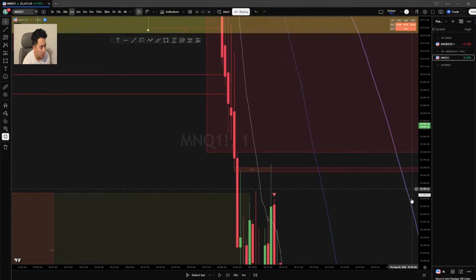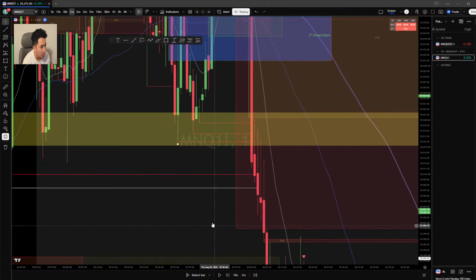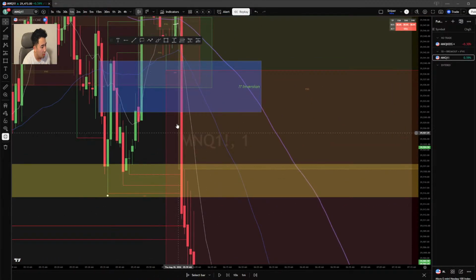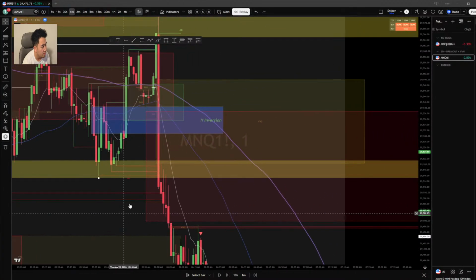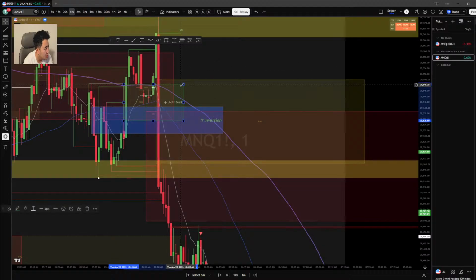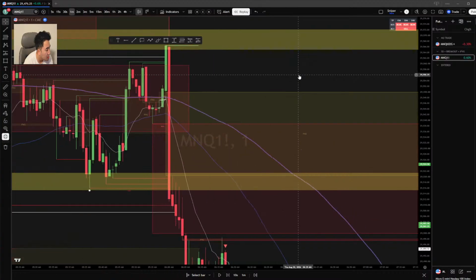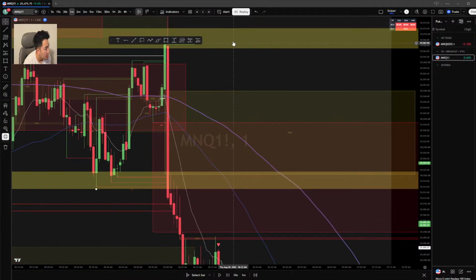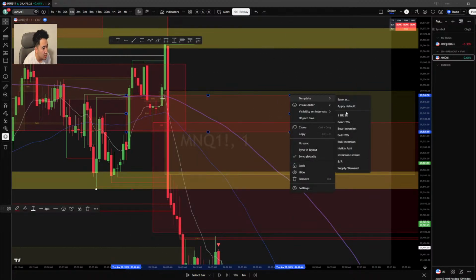See what else we have here. Okay, we have this. I'm going to delete. It's kind of hard to see. Okay, so I don't know if you can see it. We have this bullish gap right here. Price broke through it. This becomes a bearish inversion.